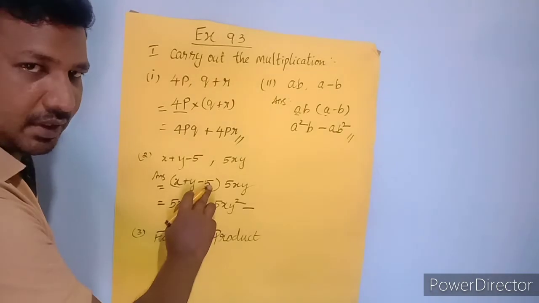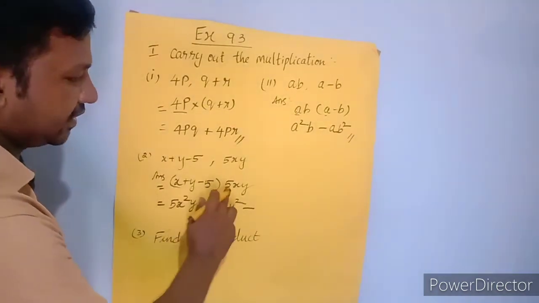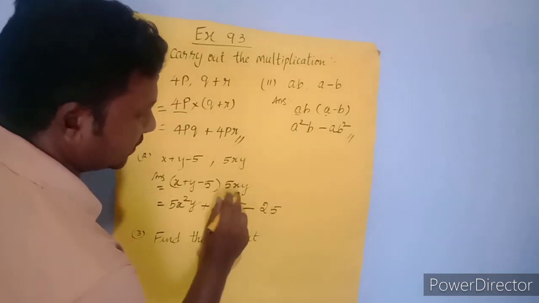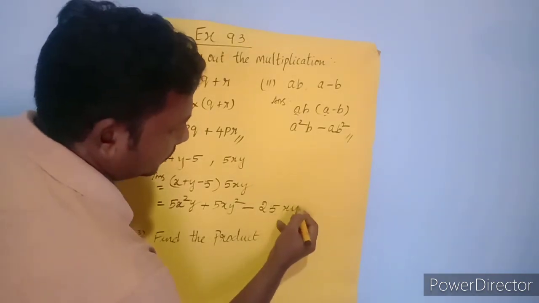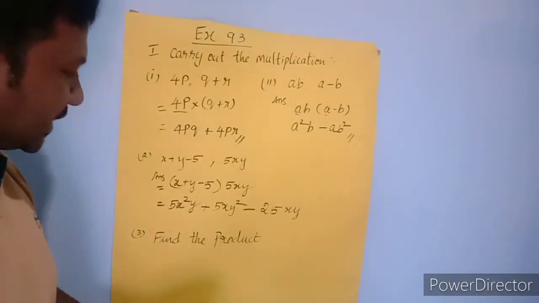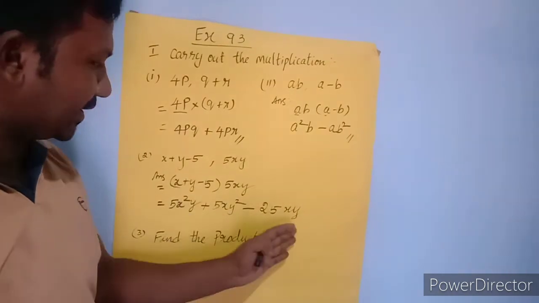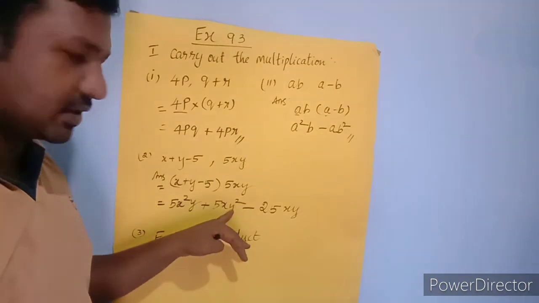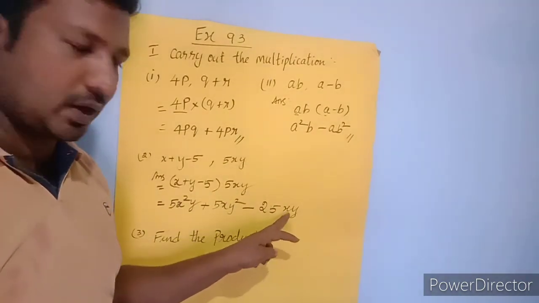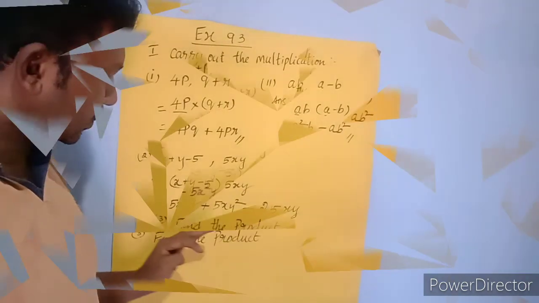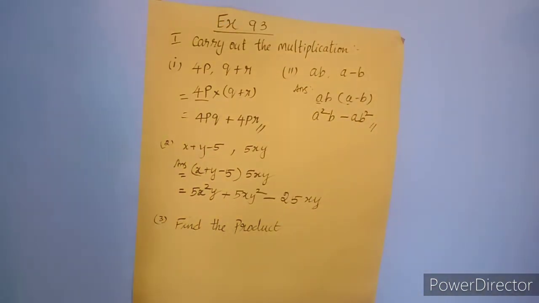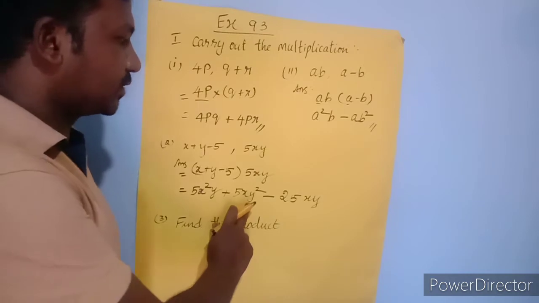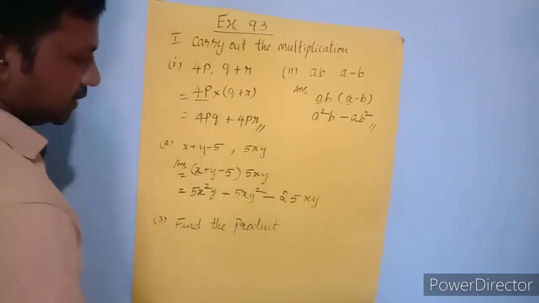The constant number can multiply with the number, 5 into 5, 25. Minus 25, the remaining variables x and y. That's all. So the final answer, see here everything is unlike terms. Here the power is x square, here the power is y square, here the power is 1 each. So the answer is 5x square y plus 5xy square minus 25xy.